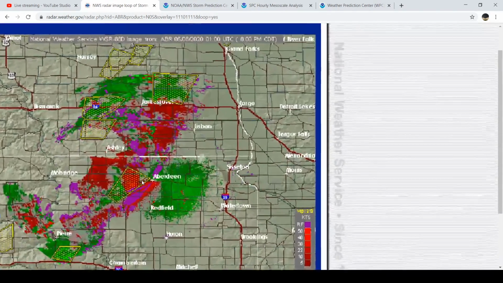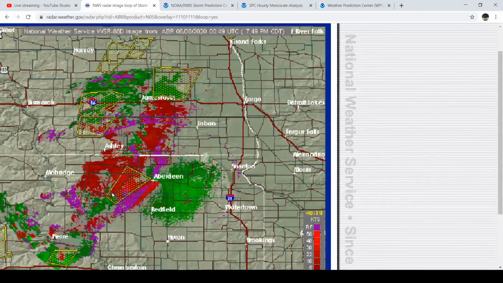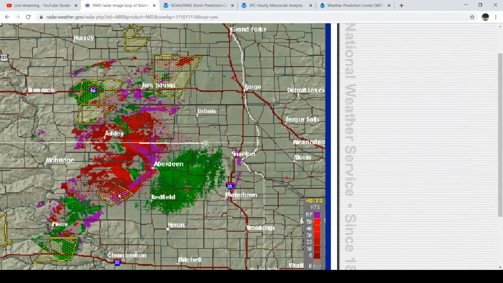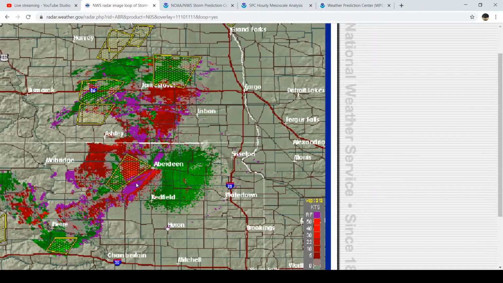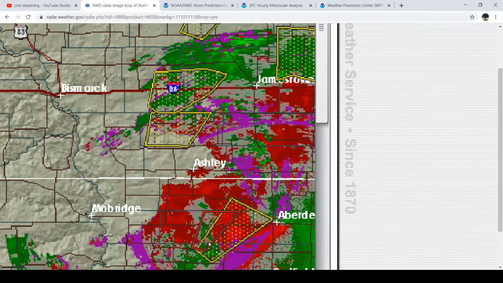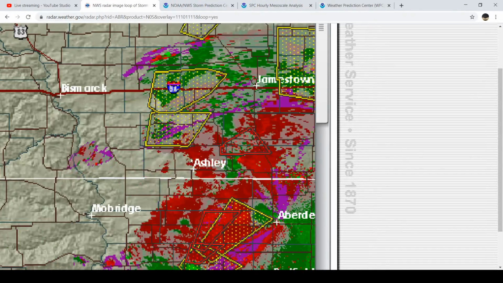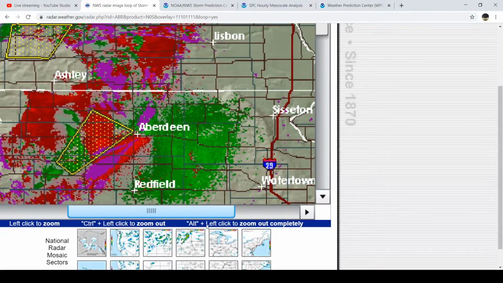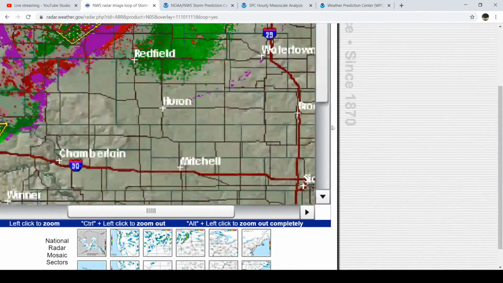Let's see what's happening. Okay, so the tornado warning just expired, but it looked like it did have a tight couplet for a little bit, so maybe a brief tornado did occur. It looks like the storm became linear, looking more like a wind event now. Let's see if I can take the warnings off.